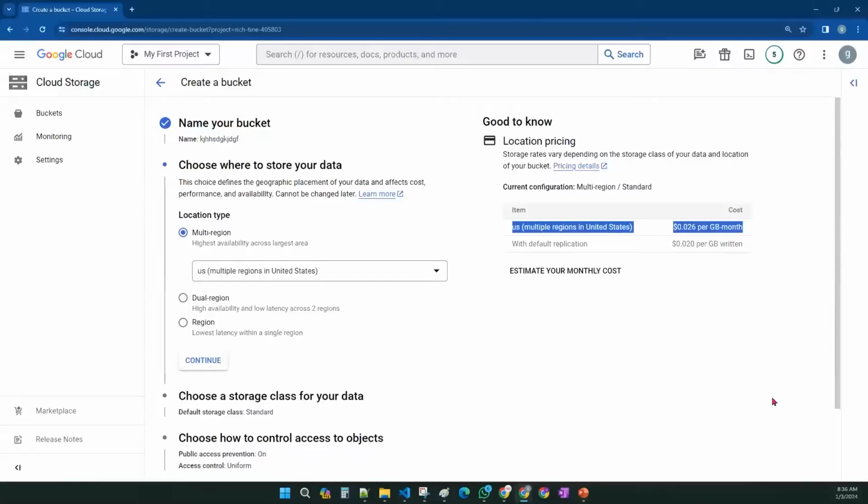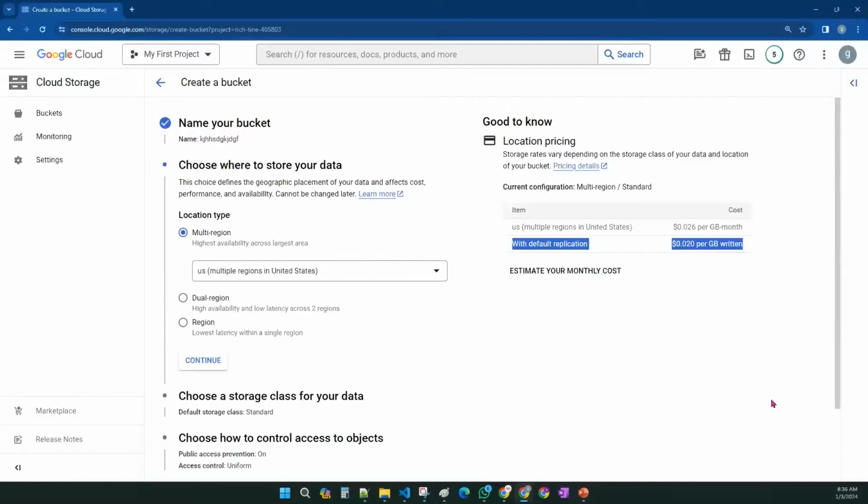You see here the cost is 0.026 first. And Google Cloud Platform is also doing one more activity for you: it is replicating your data to the multiple regions. That's the reason for the default replication cost also.